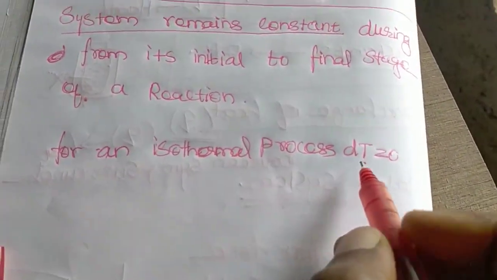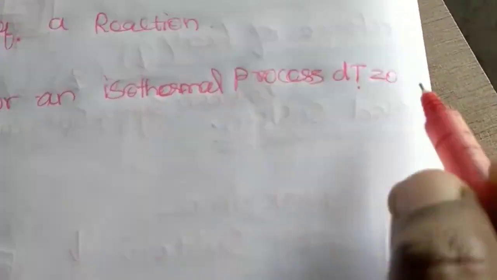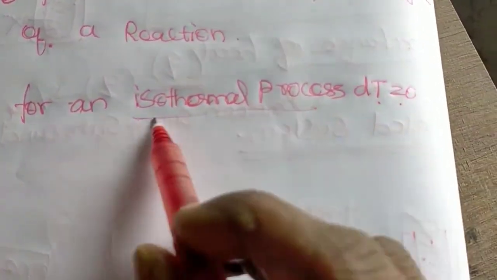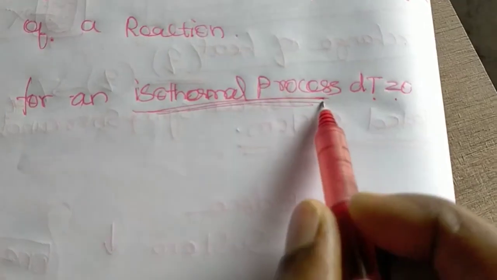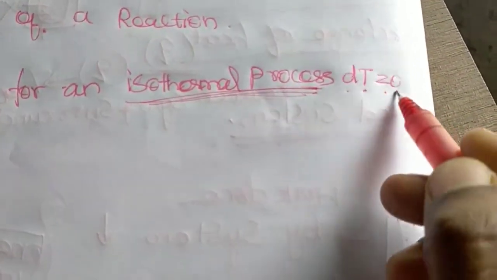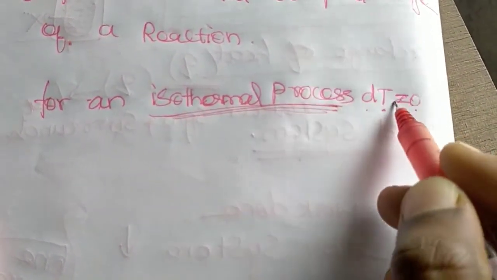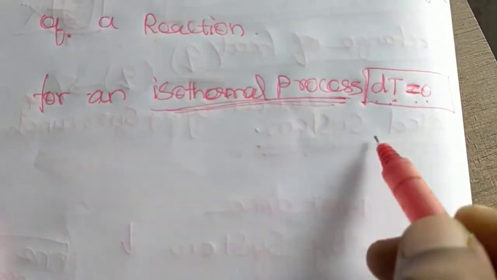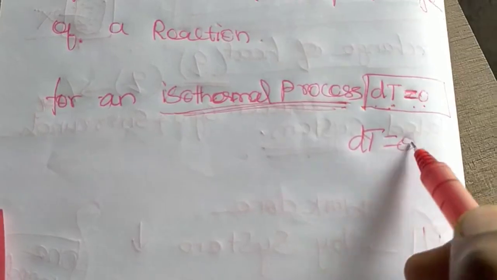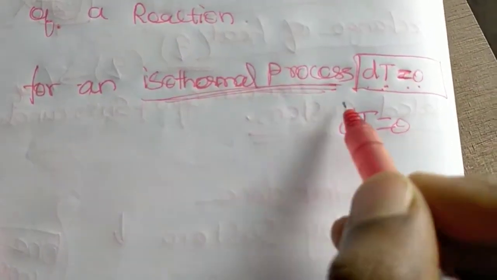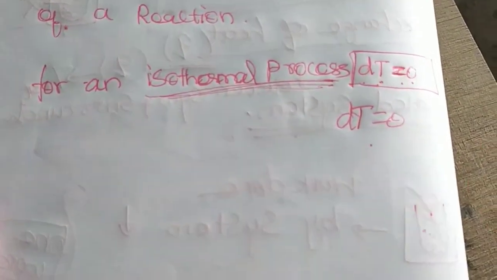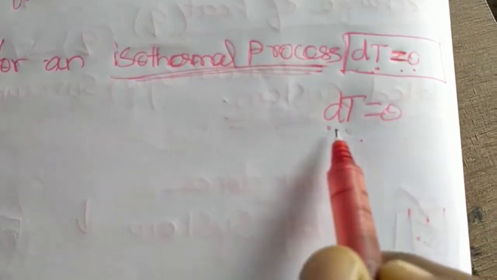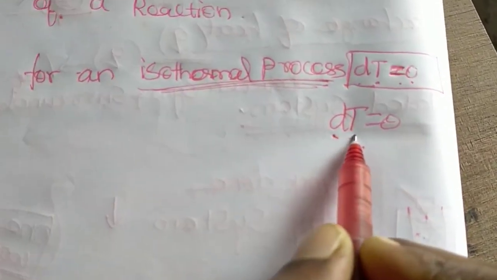What is dT? The difference in temperature is 0 in the isothermal process. What is an isothermal process? Difference in temperature equal to 0 defines an isothermal process. So if you denote dT is equal to 0, then that is an isothermal process.